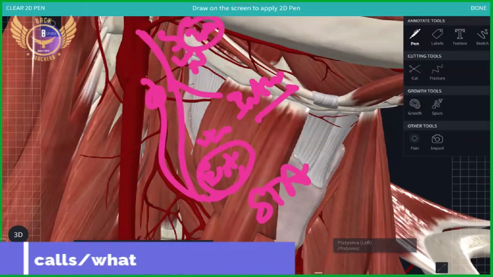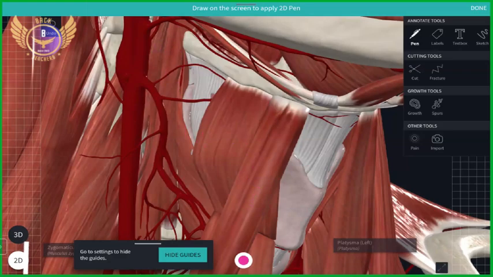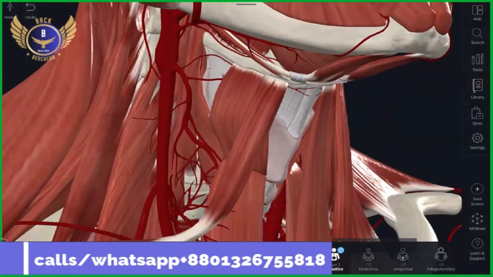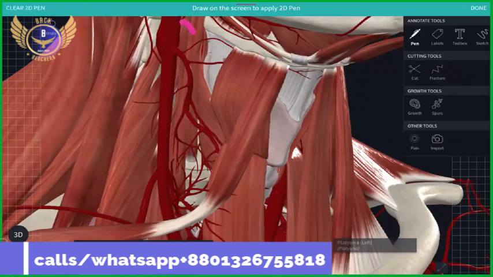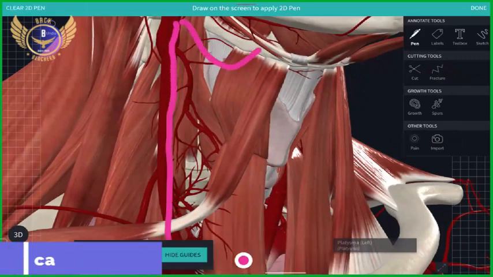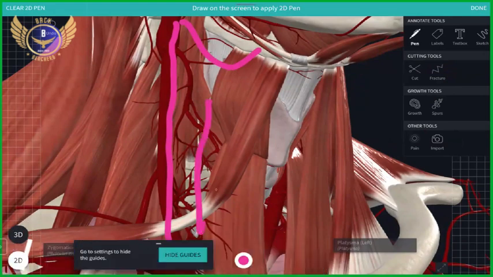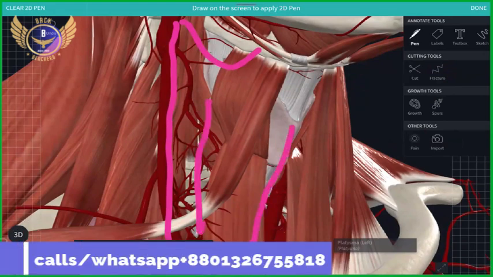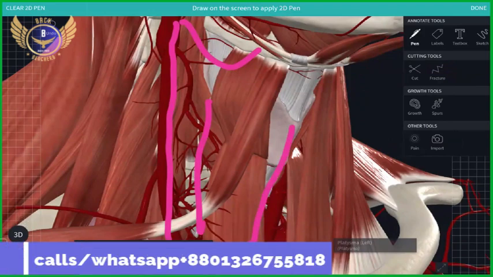Now, what about the inferior laryngeal nerve? Guys, see, the vagus gives the superior laryngeal nerve. Then the vagus goes down, and it forgets that the larynx is big and we need more nerve for the laryngeal muscles. So what do we do?